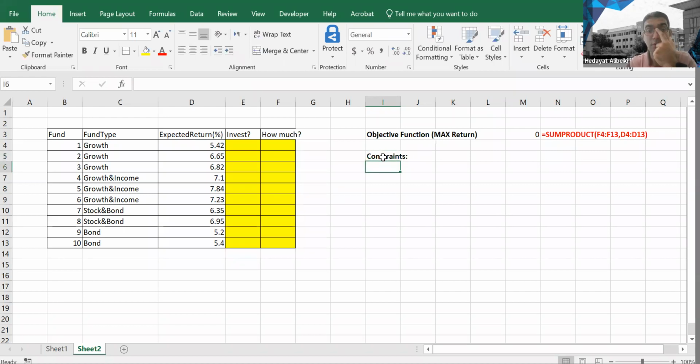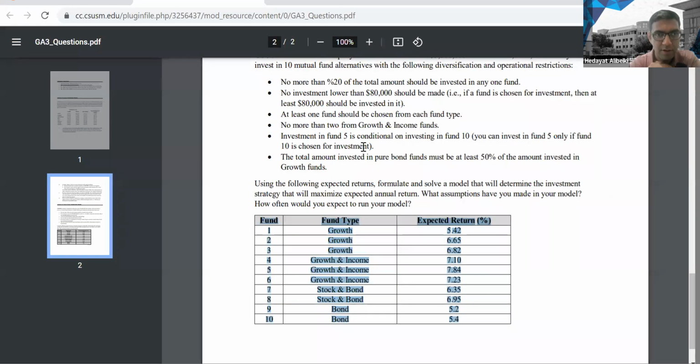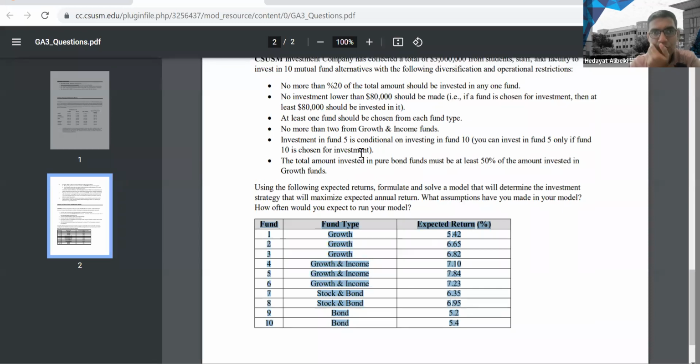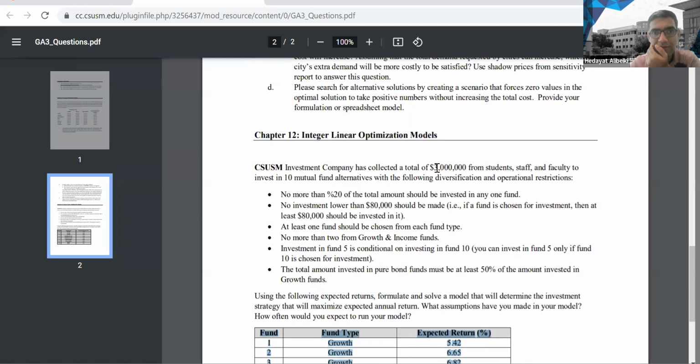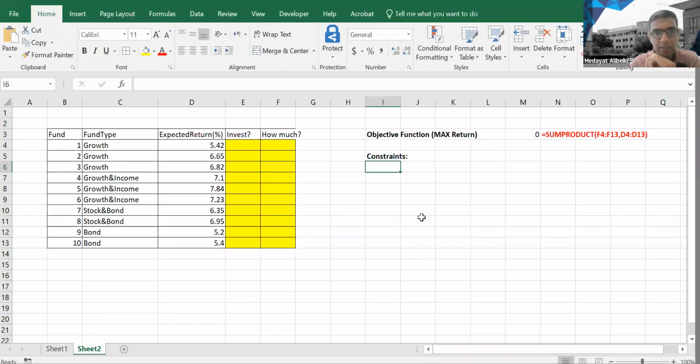So the first constraint you have is the budget. I think it's not in the bullets here, but it's important to note that you have a limited amount of money. I'm just gonna say it here. So constraint one, capital available, right?